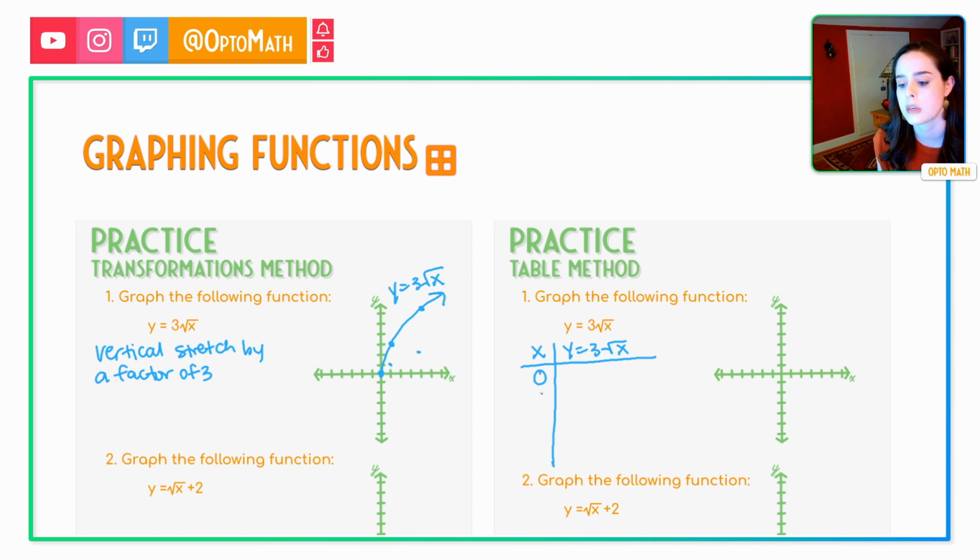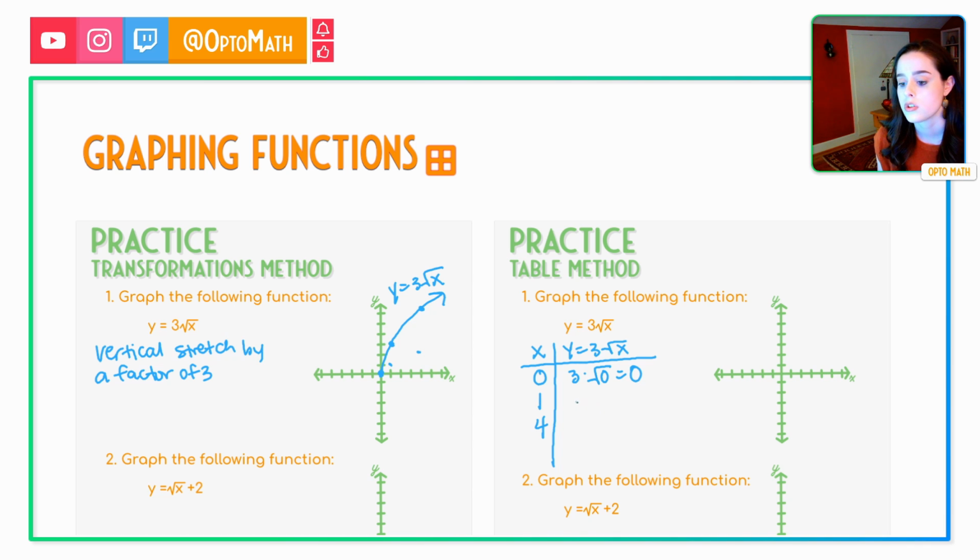So square root of 0 is going to be nice. The square root of 1 is nice, and the square root of 4 is nice. So that's actually the x values we had here. And that's nice because we chose them for our parent function because they did have a nice number when you took the square root of them. So that's why I chose them. So this is going to be 3 times the square root of 0. Square root of 0 is 0. 0 times 3 is 0.